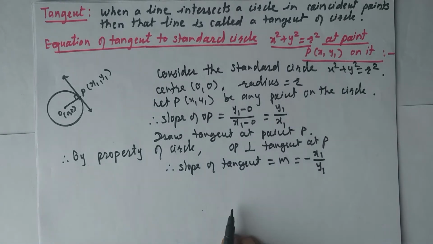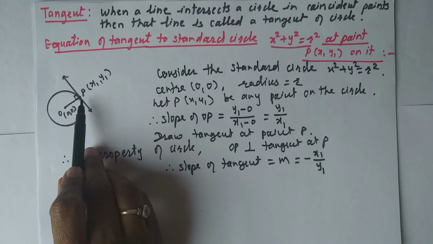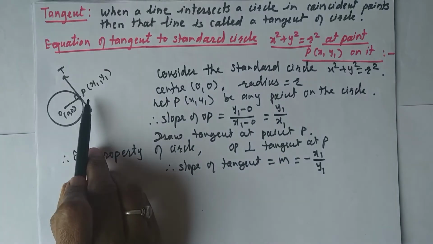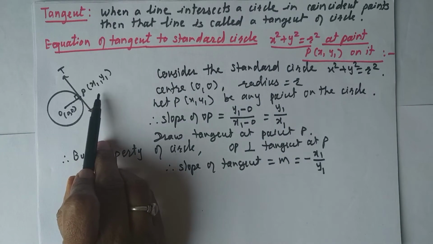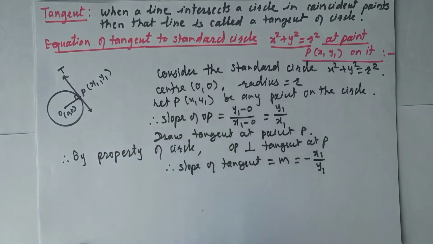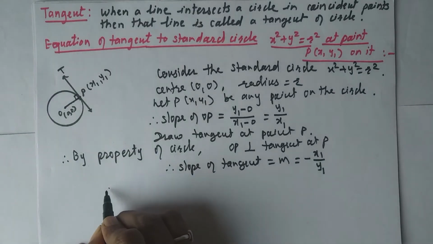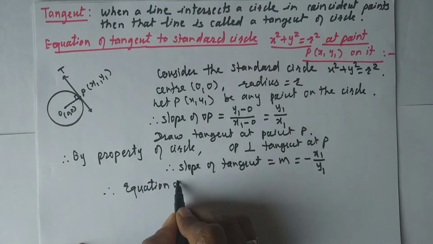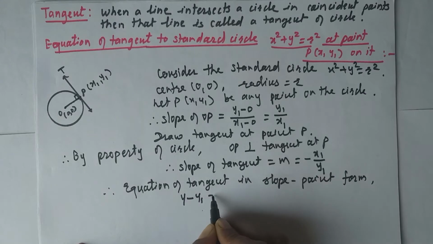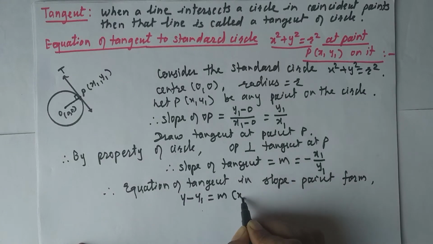Now we know the point P(x1, y1) on the tangent. We also know the slope of the tangent, so we can find the equation of the tangent using the slope-point form. Therefore, you write down here, the equation of the tangent in slope-point form is y minus y1 is equal to m times (x minus x1). The point is (x1, y1).